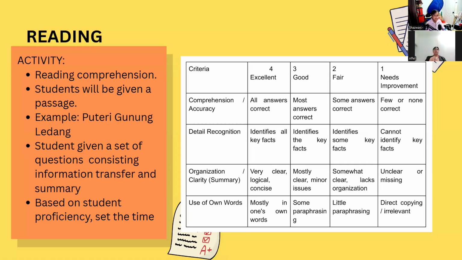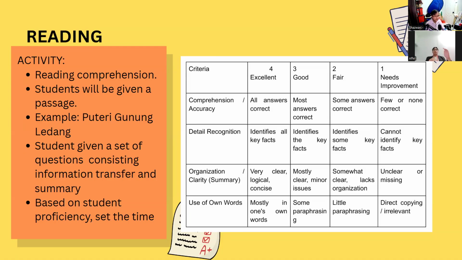Now, for reading, the activity will be reading comprehension. Students will be given a passage. For example, the example that I use in this project will be the Putri Gunung Ledang in English translation. Now, how we assess the student is by giving them a set of questions.